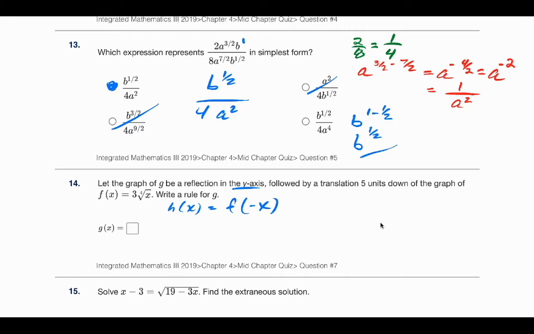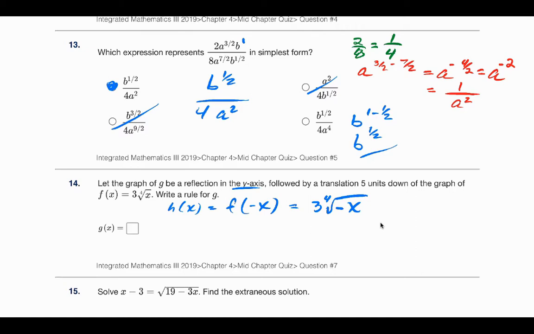So our f of x there is 3 times the 4th root of x, but I just told you we're going to attach a negative to it, which is what we just did there. I'm going to keep it like that because they just want us to show that it's still going to be there.